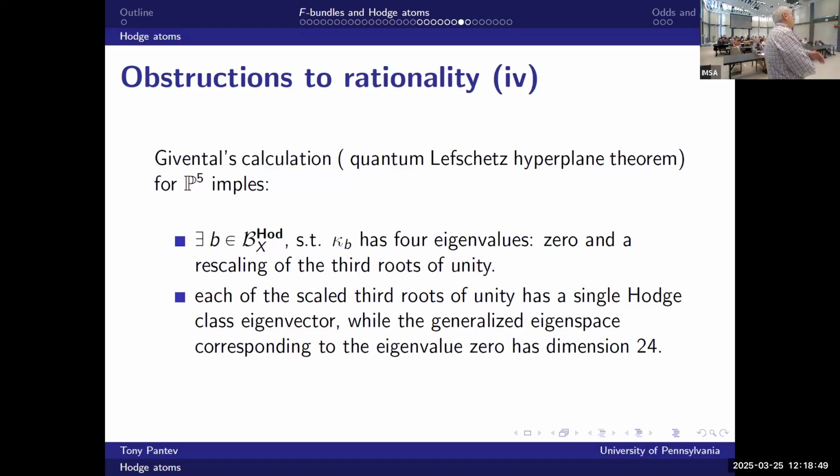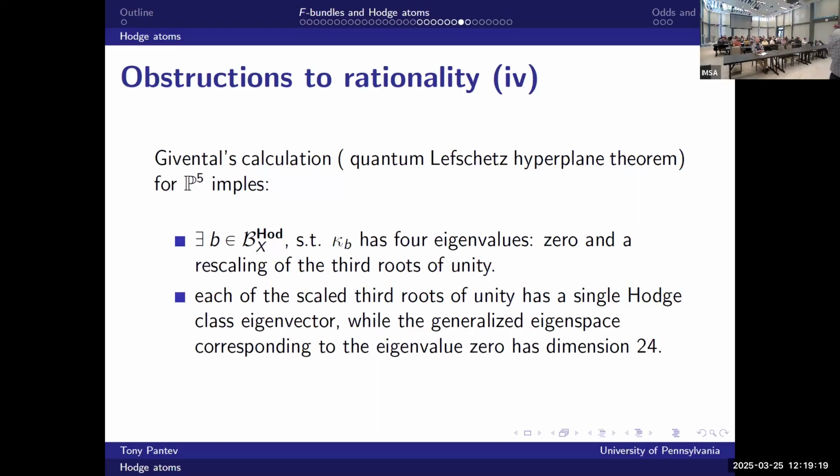And if you look at the operator kappa, you can compute its eigenvalues. Its eigenvalues are 0 and 9 times, which is 4 eigenvalues, which are 3 are rescalings of the third roots of unity and 0. And each of these scaled third roots of unity has a single Hodge class eigenvalue.